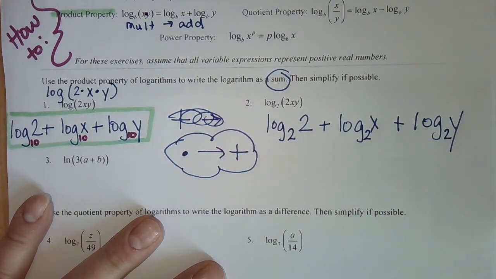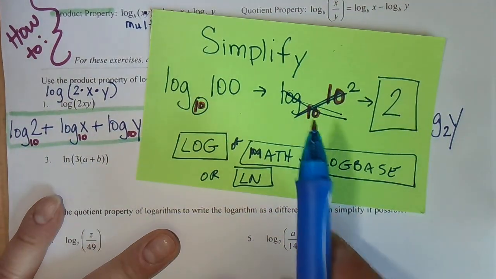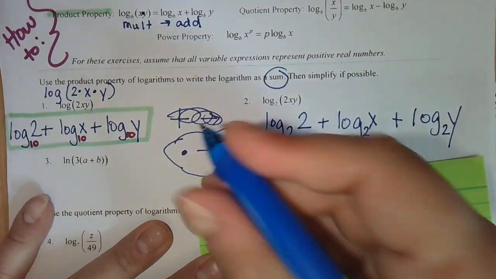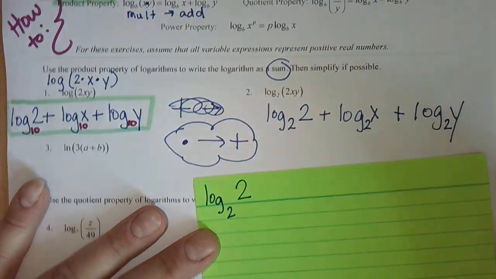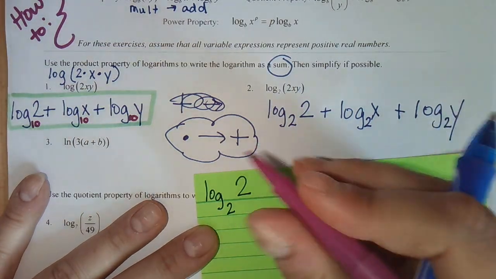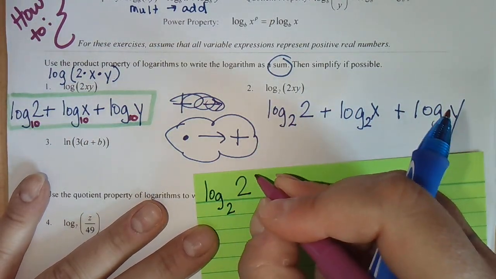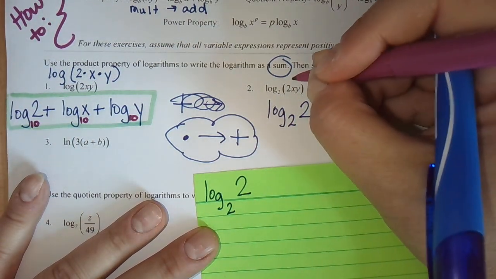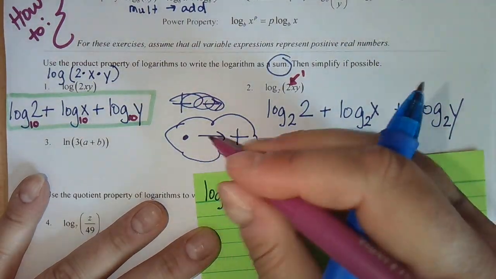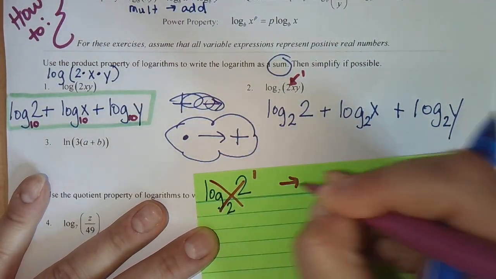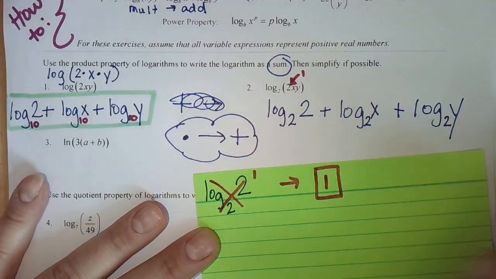Okay, and then now let's see if we can use that trick of simplifying. Well, if I have log 2, that can cancel to whatever the exponent is. So what's our exponent of this big fat 2 right here? It's a 1. So if I cancel the log 2, it just gives me the exponent of 1.